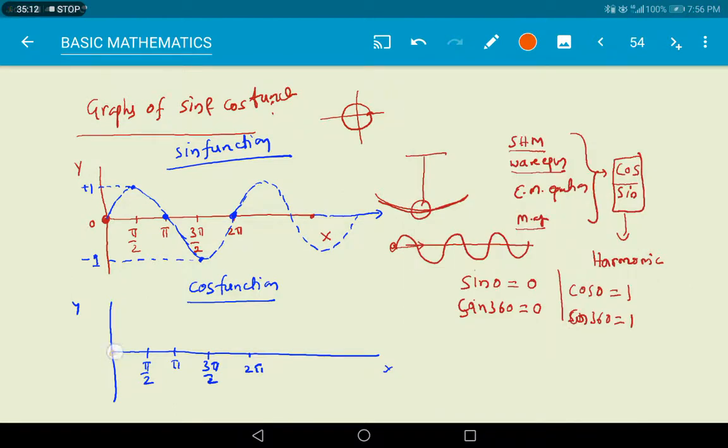Cos 0 is 1, the maximum. It starts from the maximum, and next 0, and then maximum, and here and here.